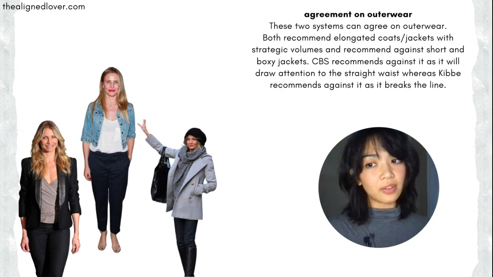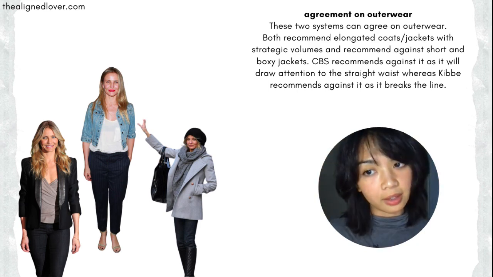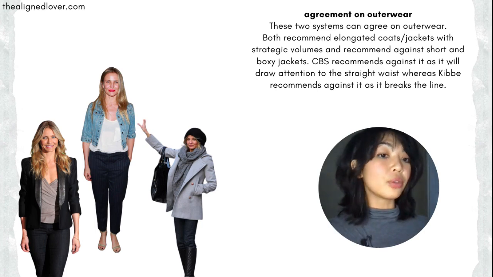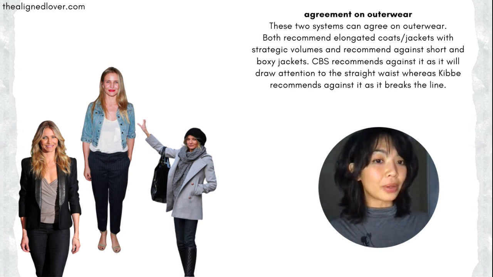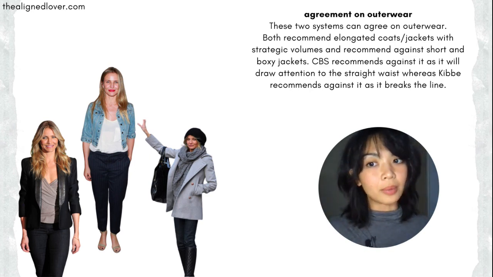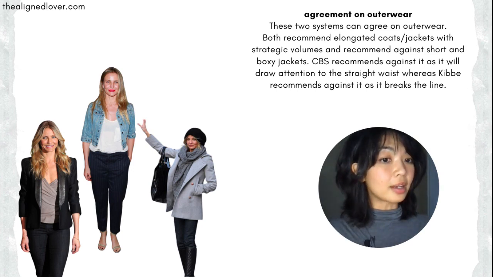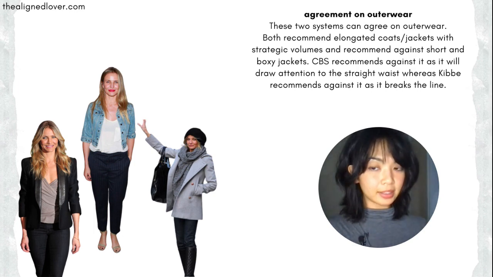The slimming effect is very similar to the elongating effect, but the conventional body shape theory recommends the volumes because it will again add bulk to either the top or the bottom to create a little bit more contrast between the upper half of the body and the bottom half of the body. Another little overlap between these two systems is that they recommend against the use of short boxy jackets.